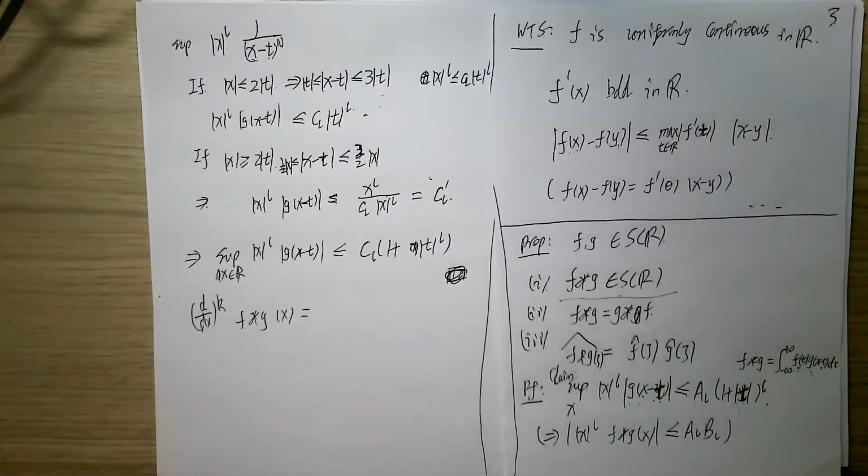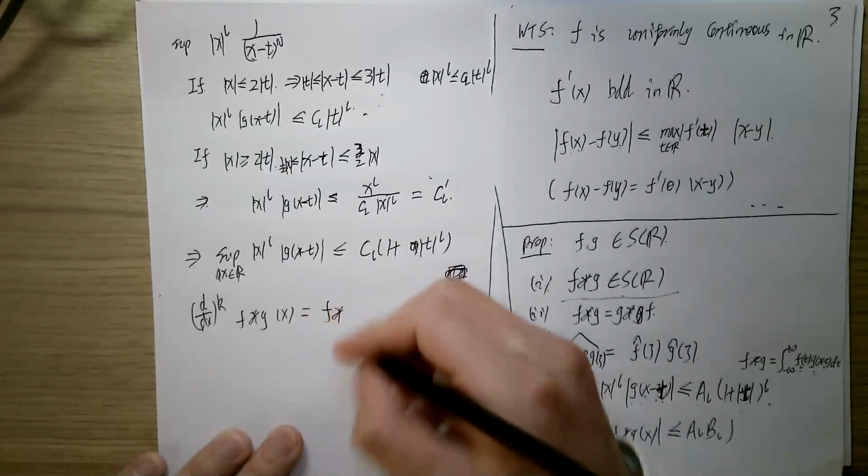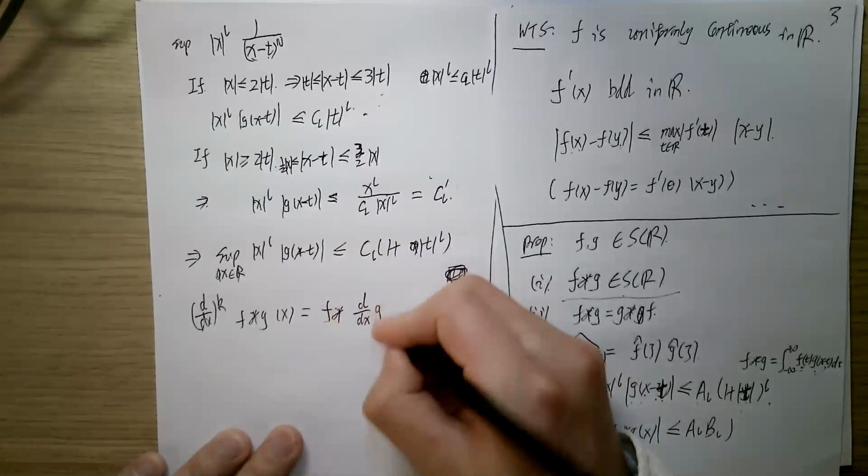You should always be careful about switching the order of limits, but for this kind of function, you are able to do that. If you are not quite clear about when you can switch the derivative and the integral, you can check the appendix of our textbook. So it actually equals F convolved with d over dx of G.